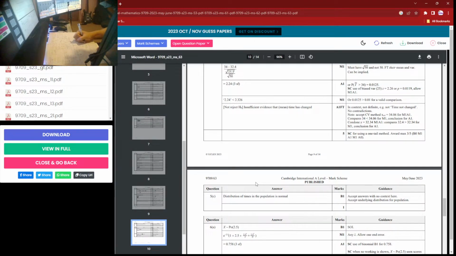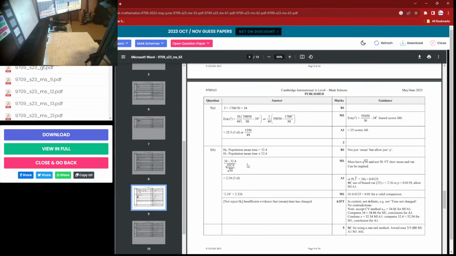Distribution of times in the population is normal. 5A, 25.5, okay. Do not reject. I did get it correct.